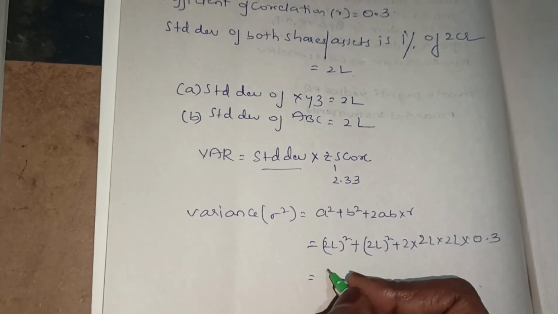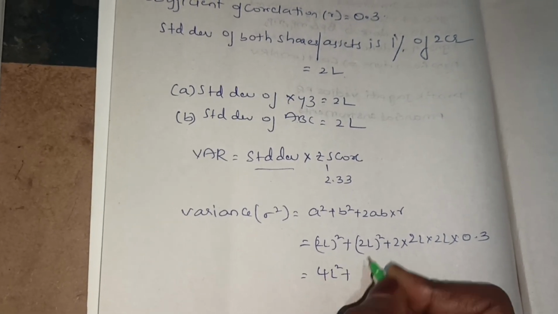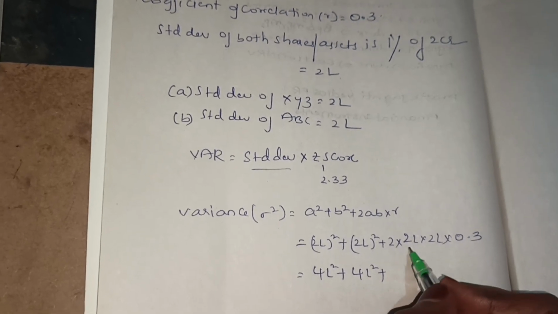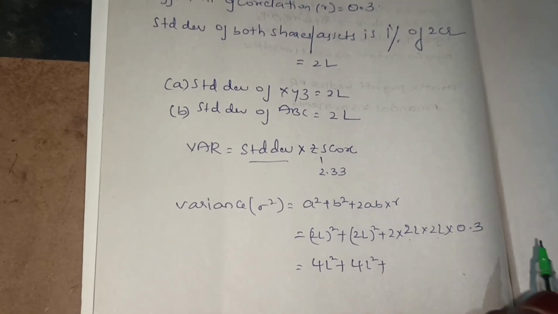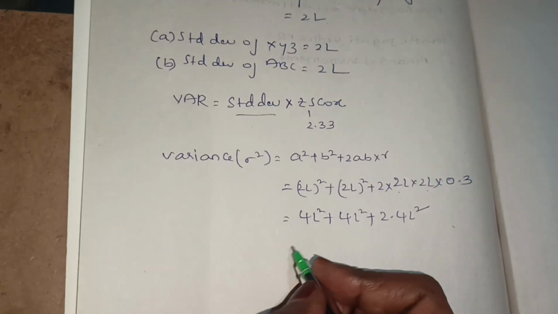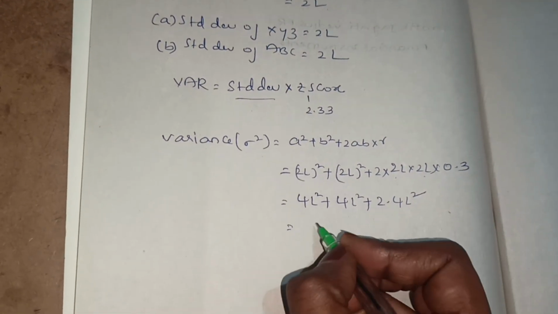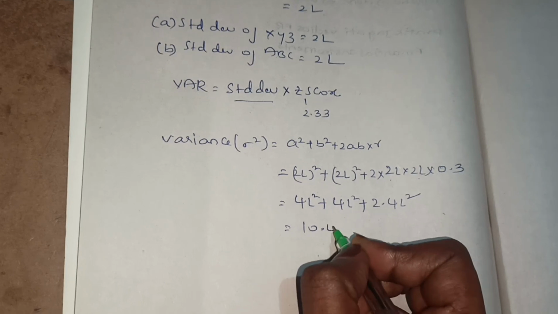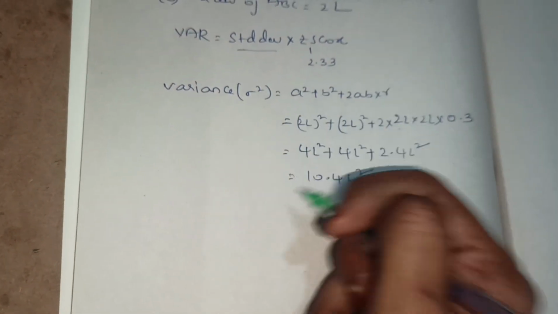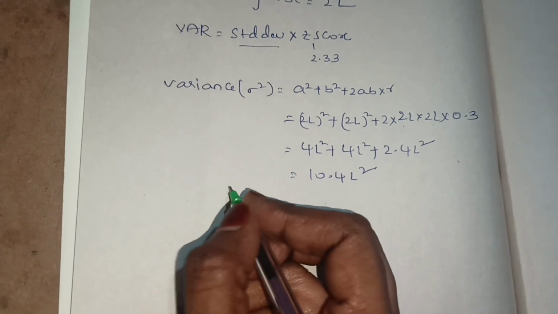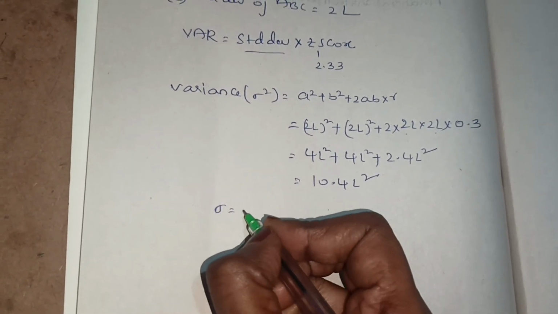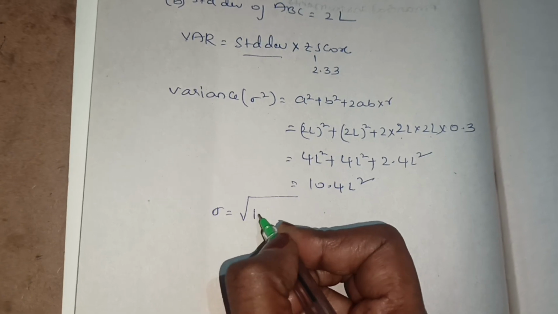2 lakh whole square is 4 lakh square, plus 2 2's are 4, 4 2's are 8, 8 into 0.3 is 2.4 lakh square. Now when you add this, you will be getting 10.4 lakh square. But we don't need variance, we need standard deviation. How can we get the standard deviation? Standard deviation is nothing but the under root of variance.